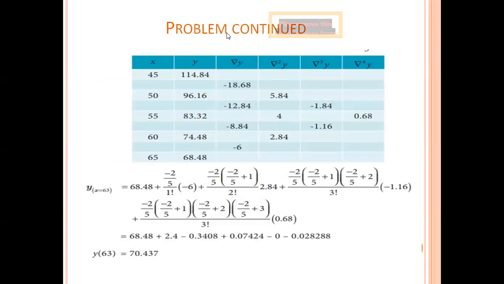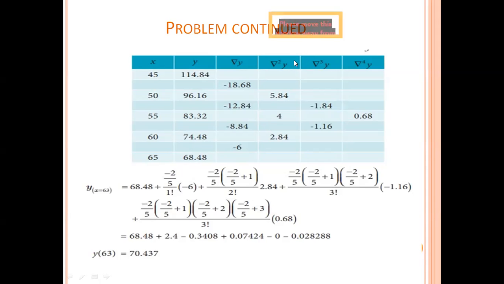This is the backward difference table, with x values and y values. Del y has been calculated: the first value is 96.16 minus 114.84, that is minus 18.68, the second value 83.32 minus 96.16 is minus 12.84, the next value 74.48 minus 83.32 is minus 8.84, and 68.48 minus 74.48 is minus 6.